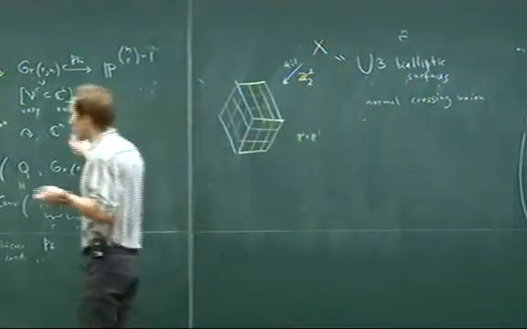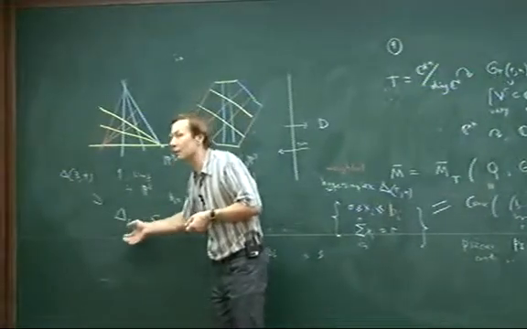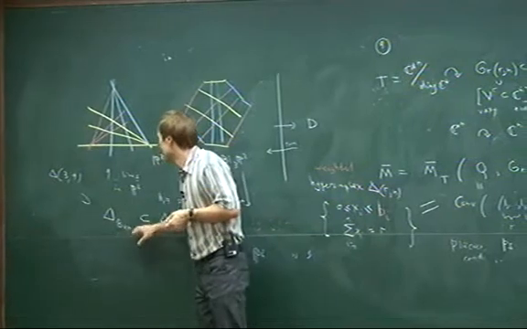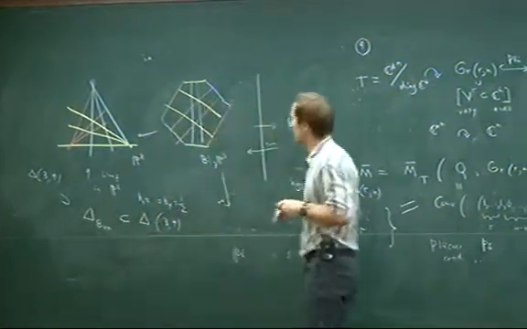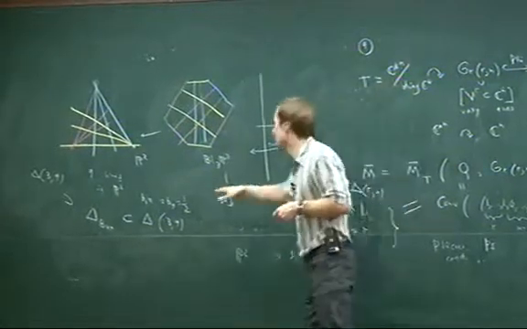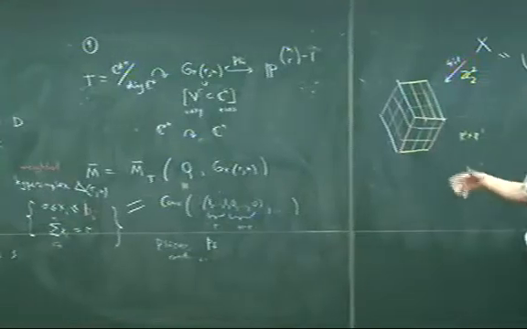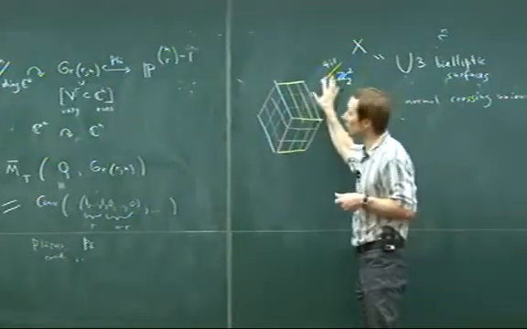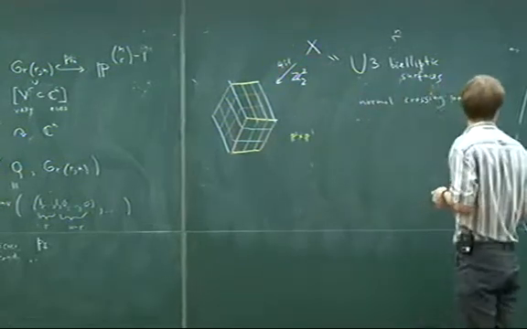And so then to classify them all, I should consider all the ways this polytope can be subdivided. And there are 10 cases. For each of these 10 cases, there is a picture like this, and this tells you what the surface is.